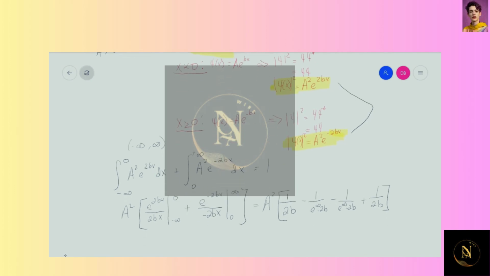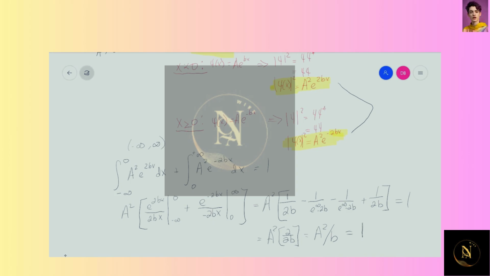So all of this needs to be equal to 1. That means a squared times 2 over 2b, since we have 1 over 2b and 1 over 2b, which is equal to a squared over b.